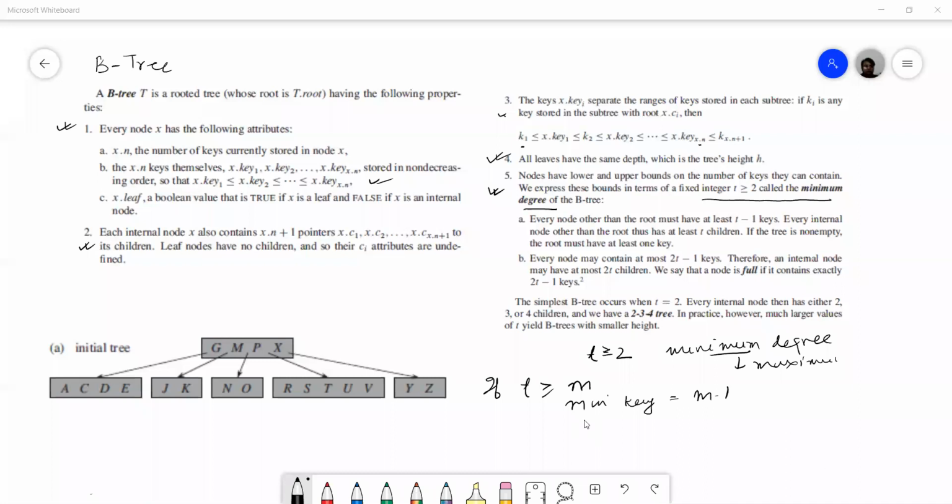So minimum key is m minus 1, and maximum key is, remember this formula always, 2m minus 1.